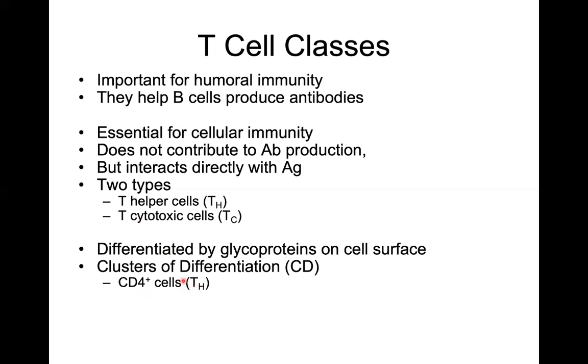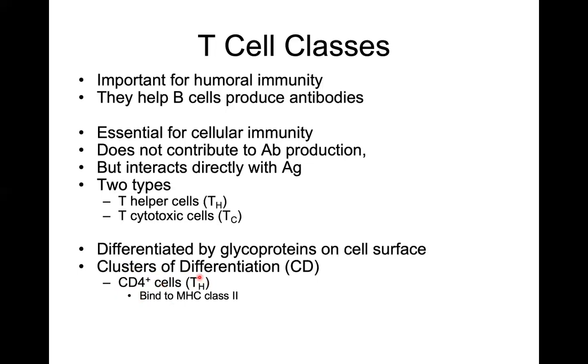These are T helper cells. These types of cells are the ones that are infected by HIV. The reason HIV is an immune disorder is that it weakens the immune system by causing these CD4 positive T cells to decrease over a period of time.